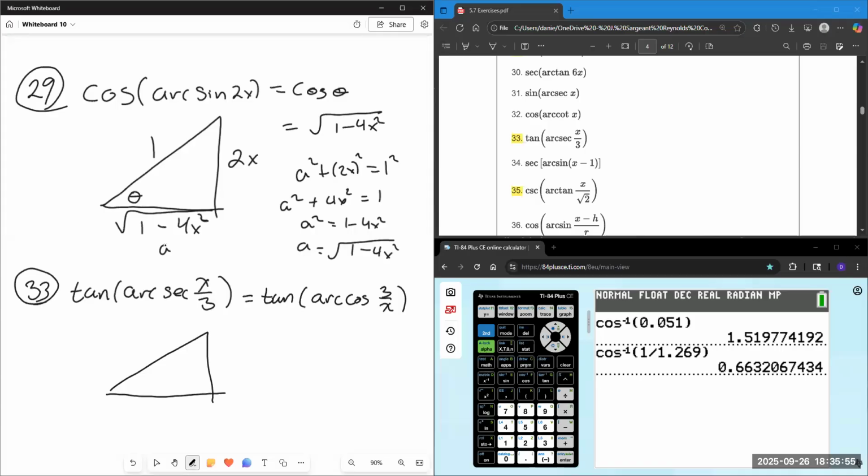So cosine is adjacent over hypotenuse, and this is hypotenuse squared minus side squared for that other side. And so tangent of theta is going to be opposite over adjacent.